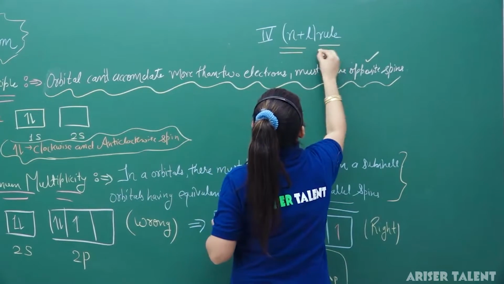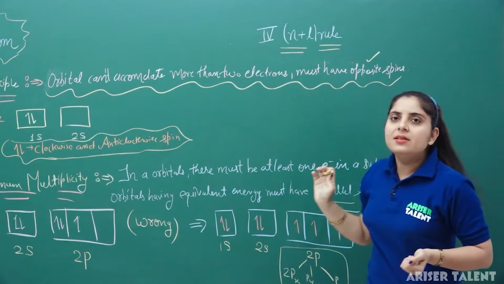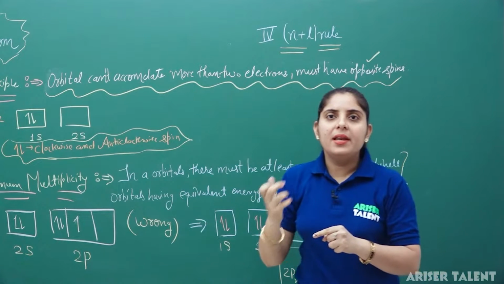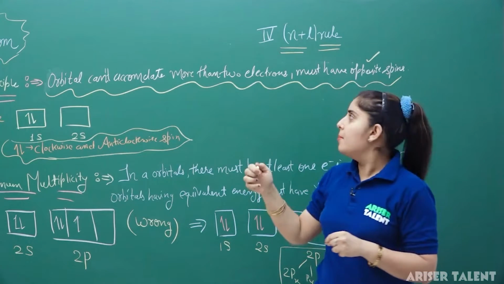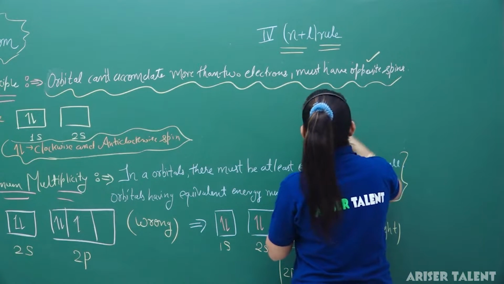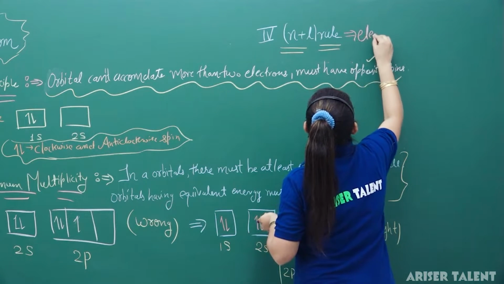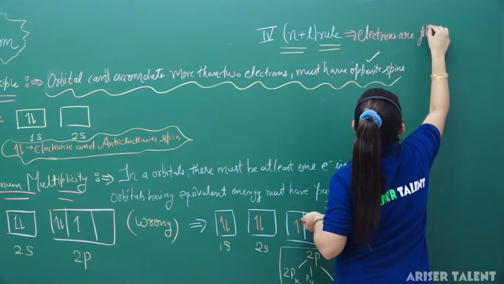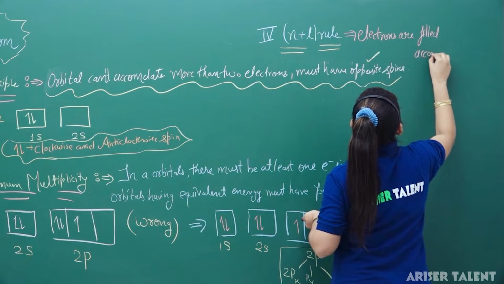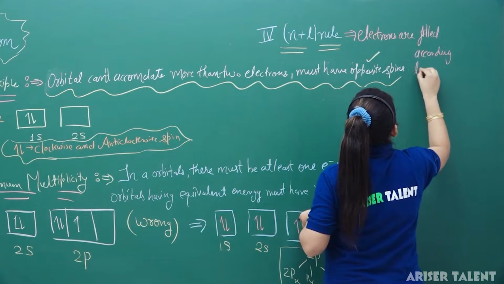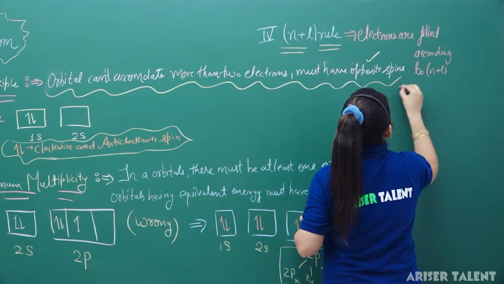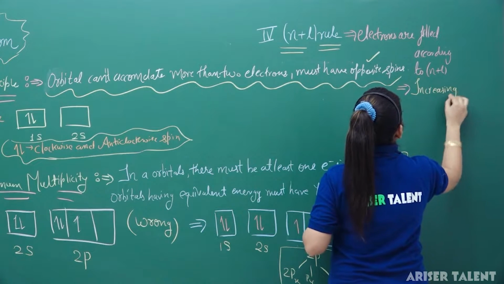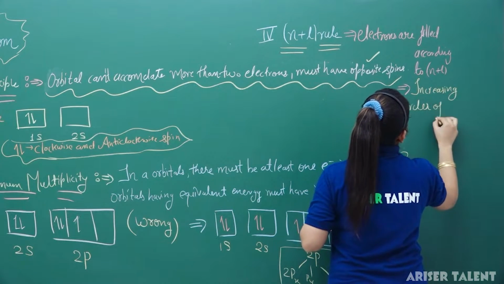What does the n plus l rule state? The n plus l rule means electrons are filled according to n plus l, that is, in increasing order of their energies.